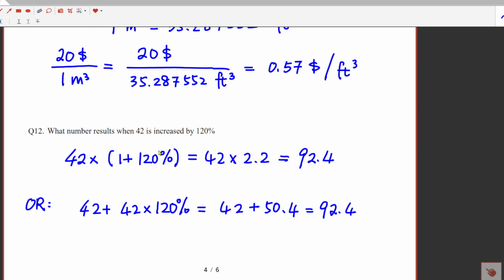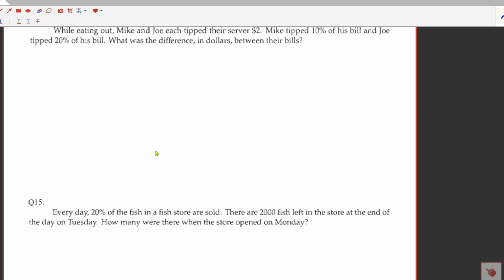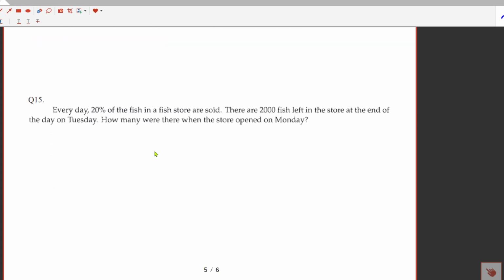Okay, if you don't have any questions, let's have a look at the next one. Question number 15. Every day 20% of the fish in a fish store are sold. There are 2,000 fish left in the store at the end of the day on Tuesday. How many were there when the store opened on Monday?